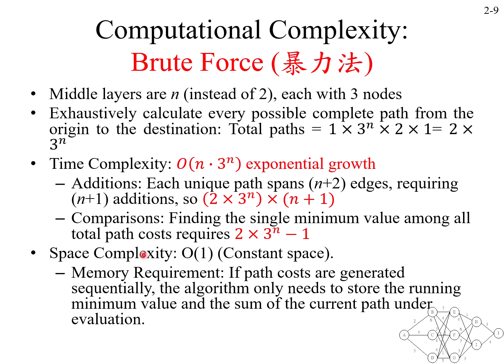For space complexity, we generate sequentially, so we only need to store the minimum one under evaluation. So this is our space complexity, constant in space. So for brute force, it will take exponential time to compute the optimal path.